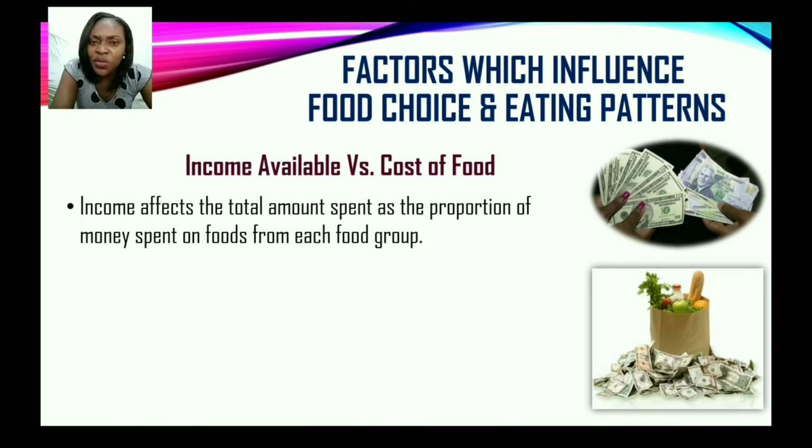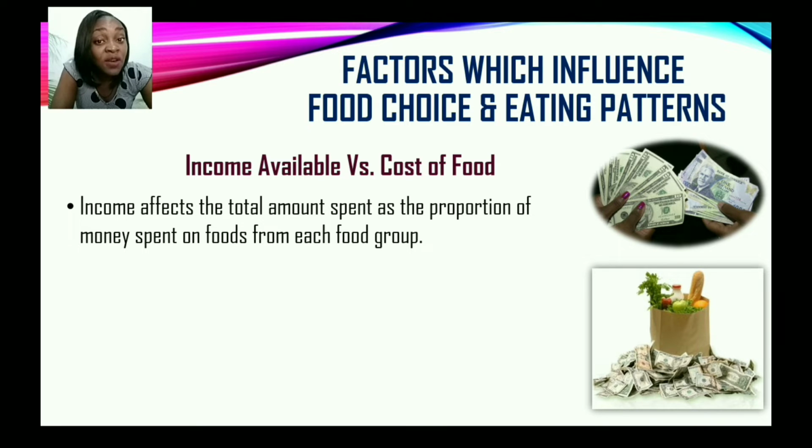Now, would you agree that the income affects the amount of money spent on foods and also the types of food that is purchased from each food group, right? So there are how many food groups? There are 6 food groups. And the most expensive group would be what? Food from animals, right? So depending on the money that is available, persons will shop based on what they can afford, right?